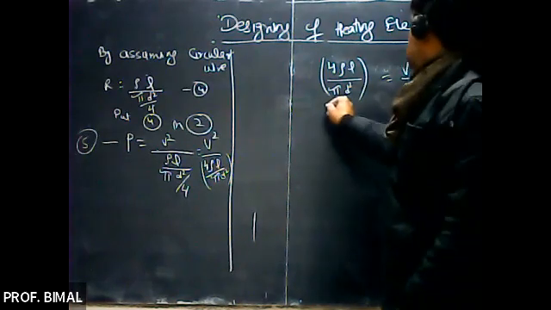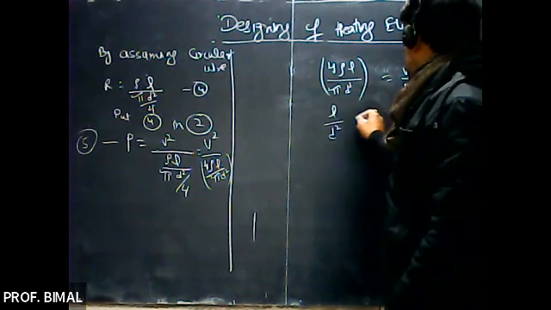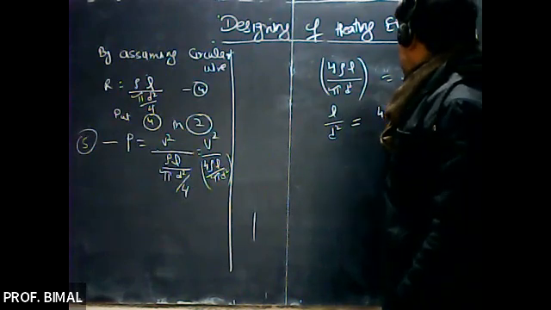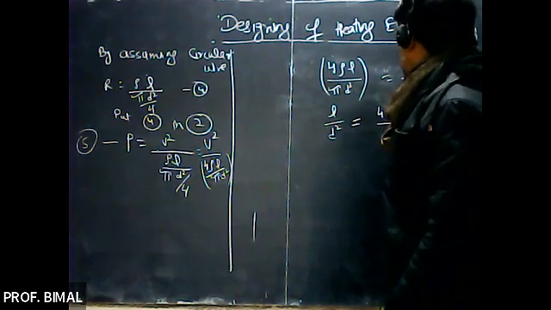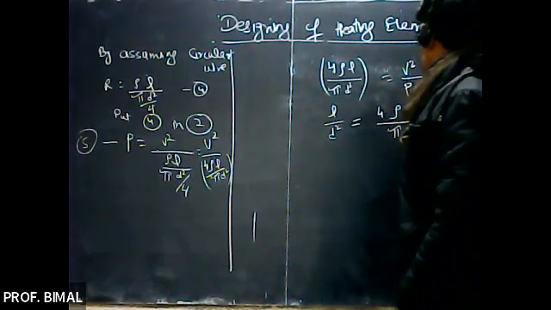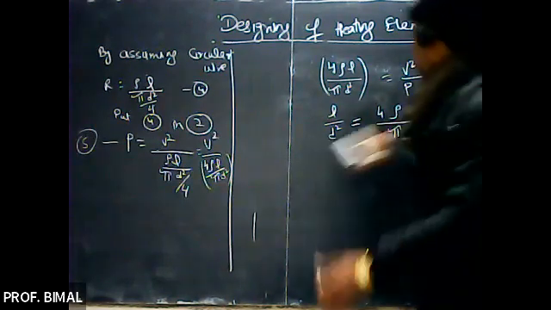So from this, L over d square is equal to pi V square upon 4 rho P. Just see this.